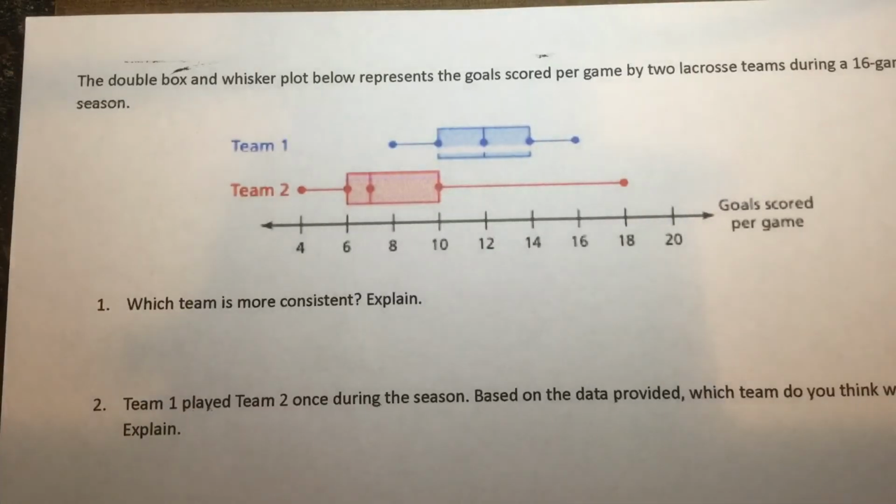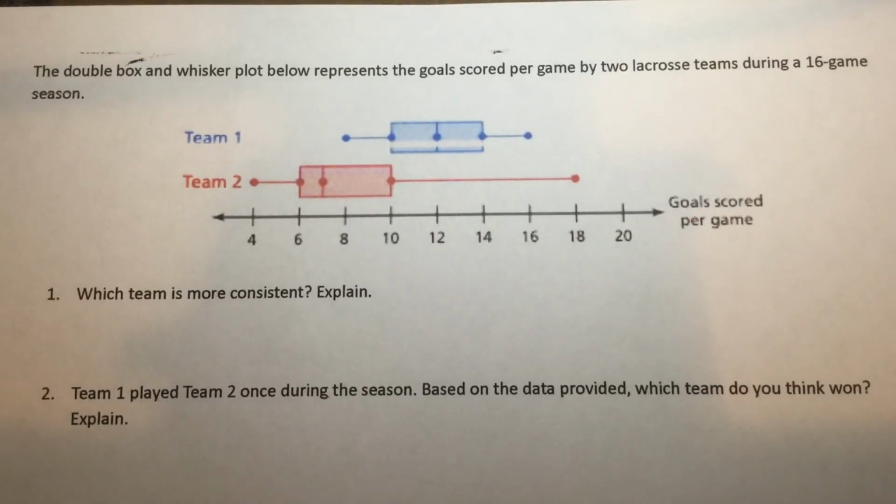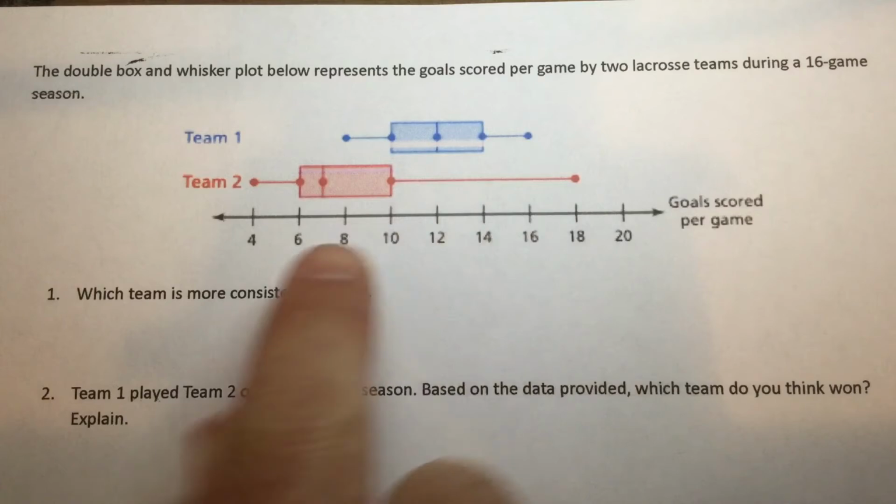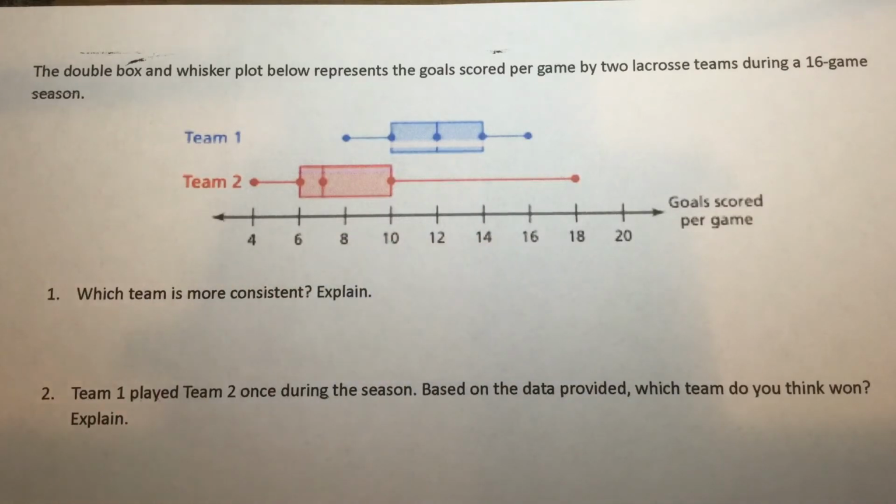But here's probably one of the better ways to show how it could be useful. This one will probably make sense to a lot of us. We have Team 1, a very balanced scoring here, and Team 2, this is, what does it say, soccer? Looks like soccer, goals scored per game. Oh, lacrosse, sorry, in a 16-game season.